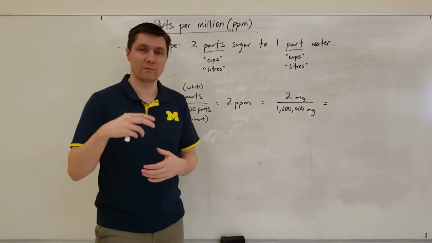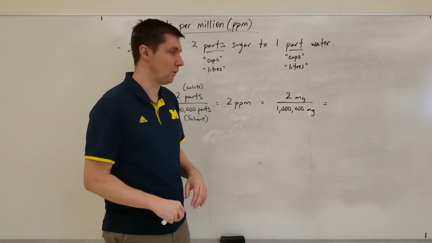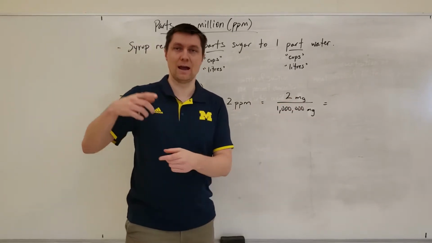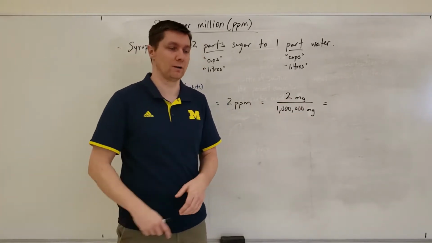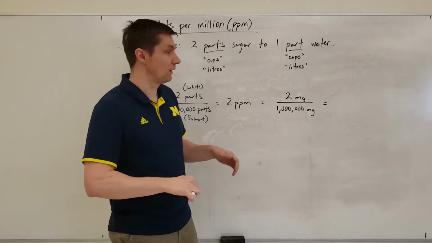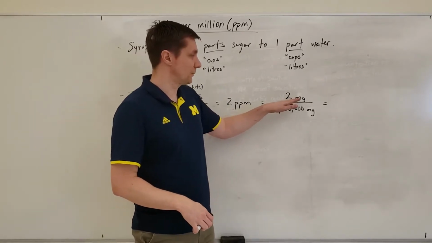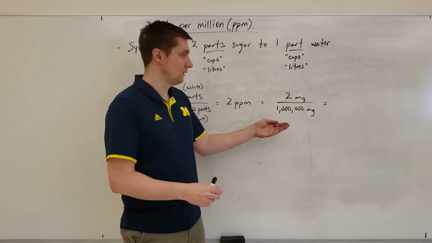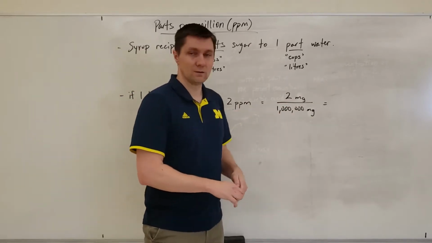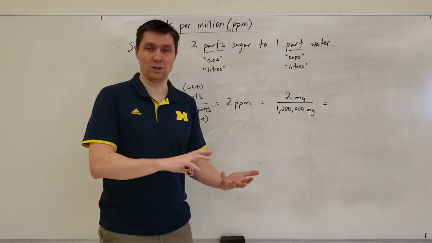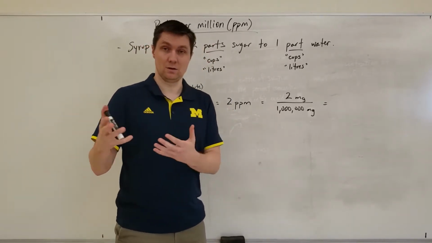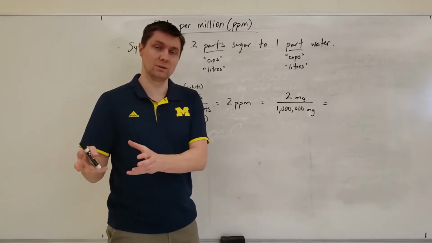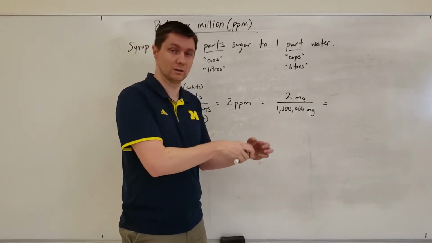If you remember from conversion factors that we covered a while ago, we talked about how to convert milligrams into grams and into kilograms and so on using the metric system. And so if I express these in kilograms, then I know that a milligram per kilogram is a part per million, because I know that there are 1,000,000 milligrams in 1 kilogram.